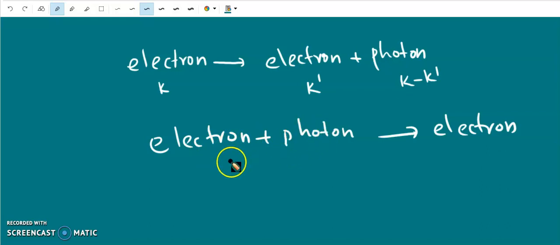The electron absorbs the energy of the photon, its energy increases, and it becomes a free electron. So in the photoelectric effect, the photon gives its energy to the electron, while in X-ray production, the electron gives energy to the photon. So X-ray production is the inverse of the photoelectric effect.